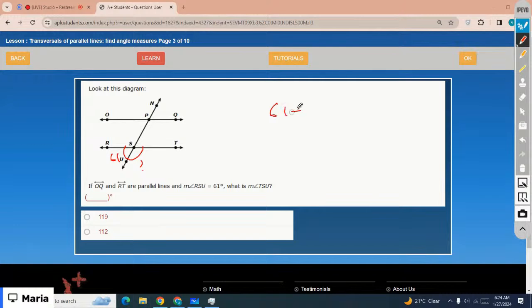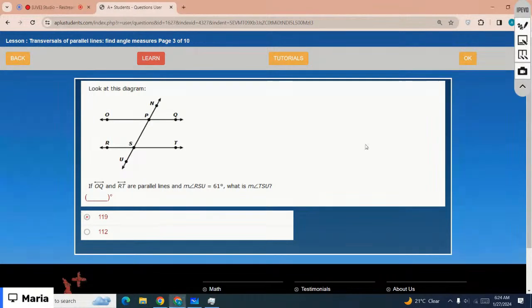That means if you add 61 and angle STU, they make 180 degrees. Move 61 to the other side. That would be 119. That means the angle is 119 degrees. Got it? The correct option is 119. Option number 1 is the correct option.